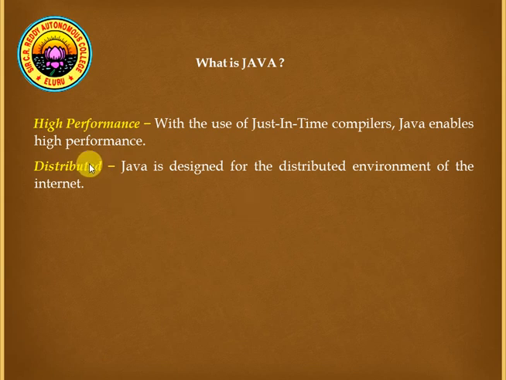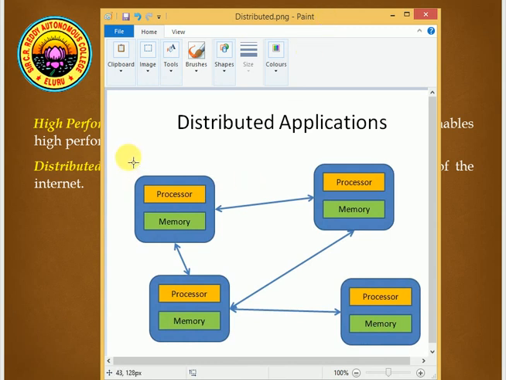That's why Java is distributed. Here, this is one processor and this is one system. This is another system. I am writing one program that can run on this processor and also on this processor. That is, the program is distributed from this system to this system.